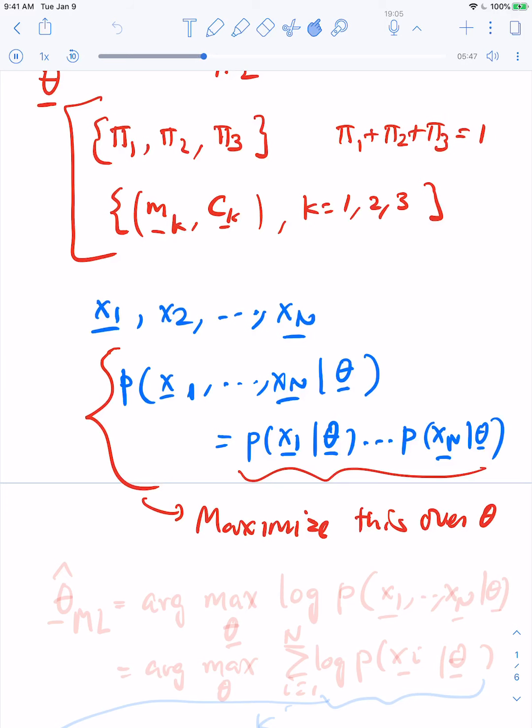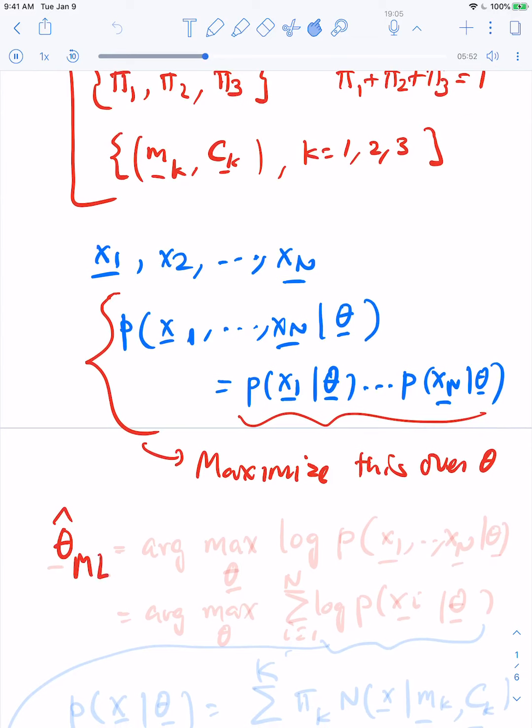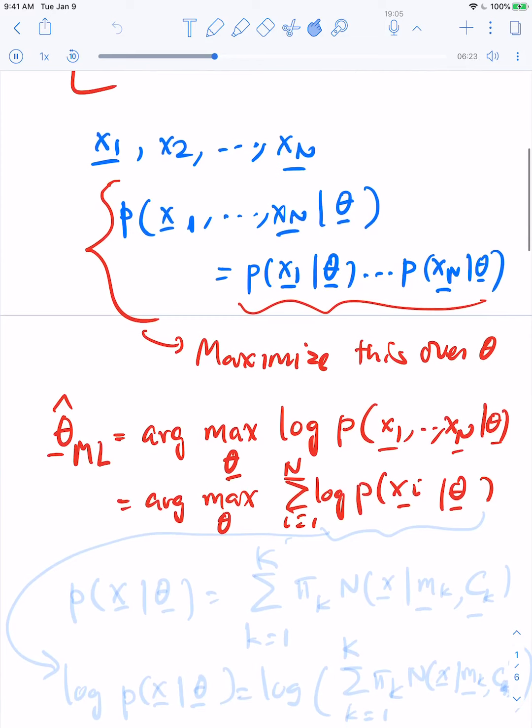It's natural to take the log, and so typically we would define the ML estimate as arg max over theta of the log of the data points' likelihood. Under our model of how the data points are generated, this is just the sum of these terms. So that's what a typical ML estimation problem looks like.